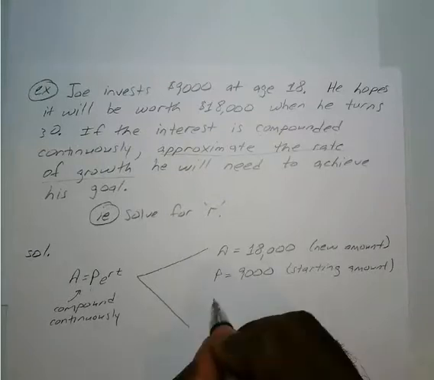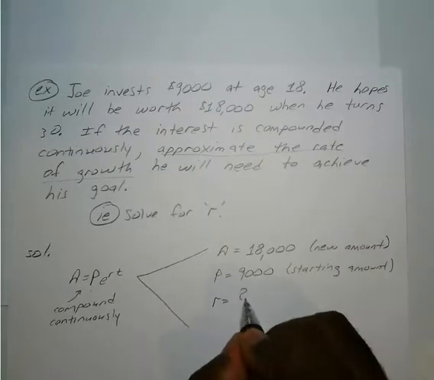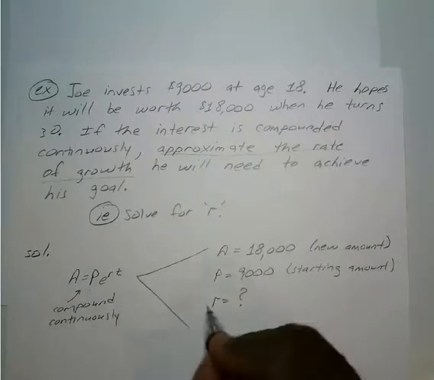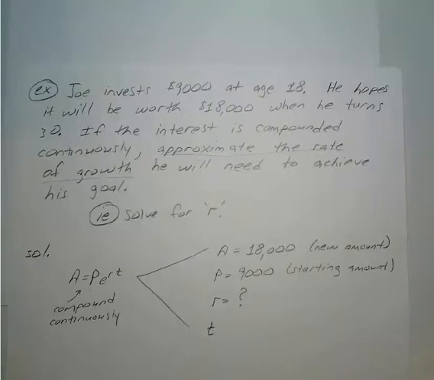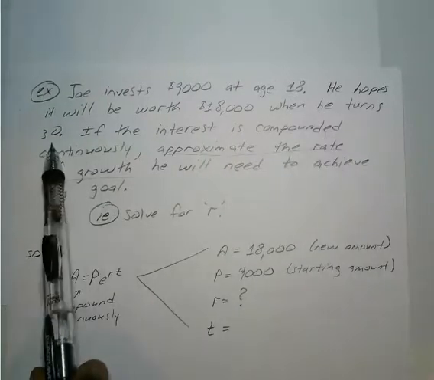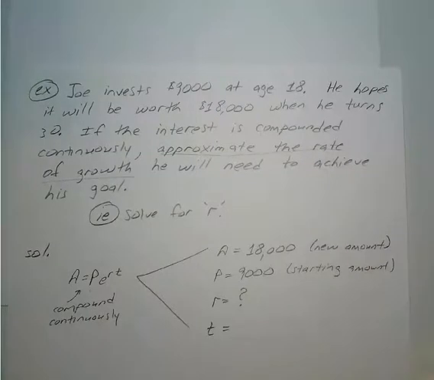Now your R, we have no idea what that is, so we'll make that a question mark. And your T, your time in years. They didn't really tell us how many years, but we do know that it's going from age 18 to age 30. So we can figure out how many years.